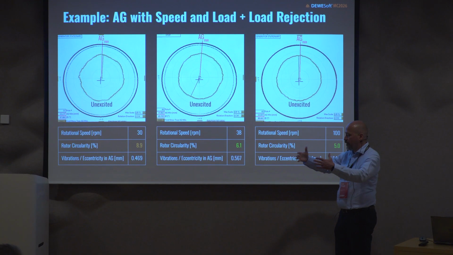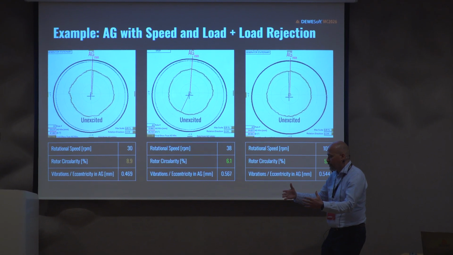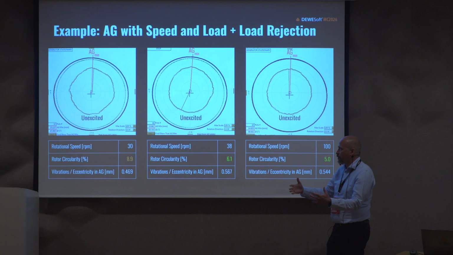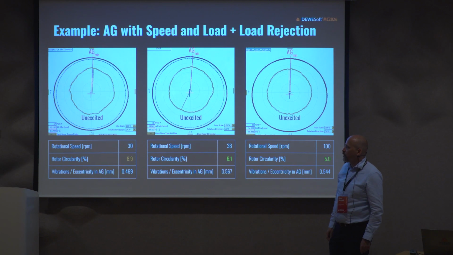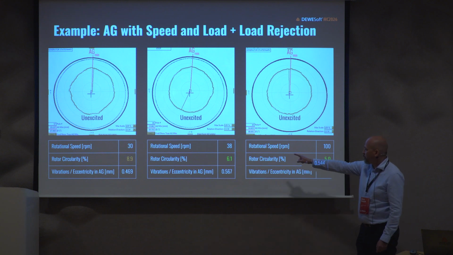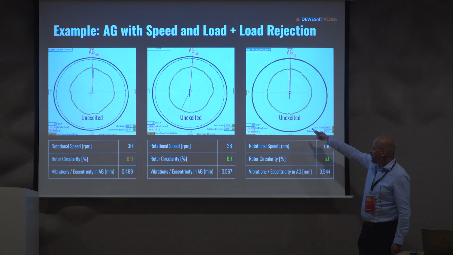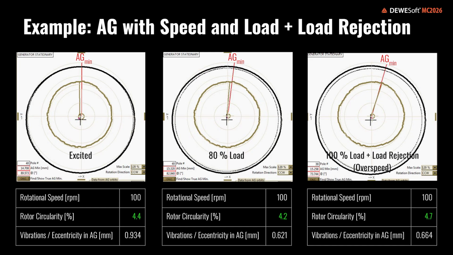They heat the rim, they put it on the spider, they wait for it to cool down, and it's pushing inside when it's stopped. That's why the rotor is uglier looking at a small RPM than when it runs up. You see the speed is running up, it becomes better. So it's still unexcited, still there is no current flowing through the rotor poles.